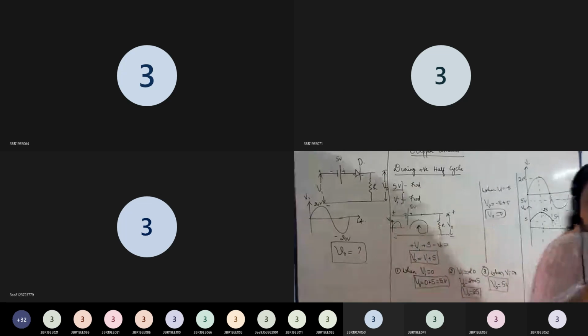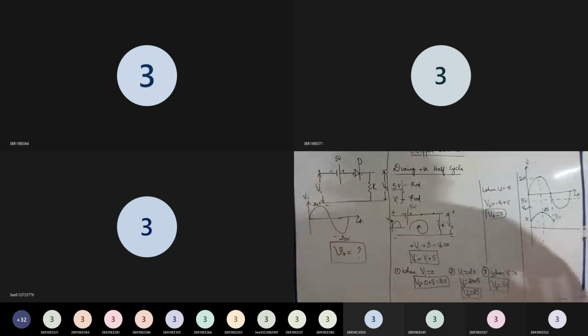What is minus 5 here? Observe. Clearly I'll write it. What is this value? It is minus 5, right?